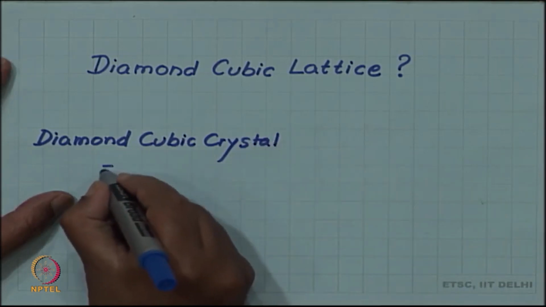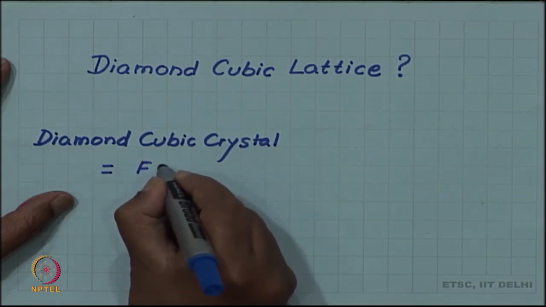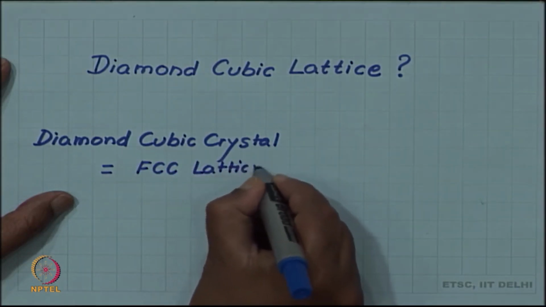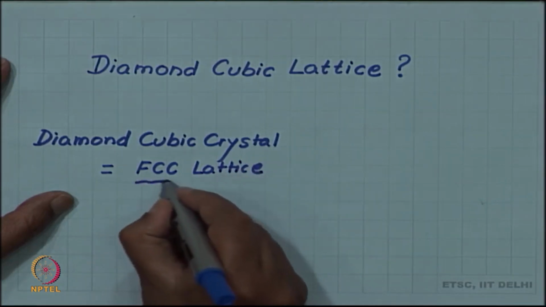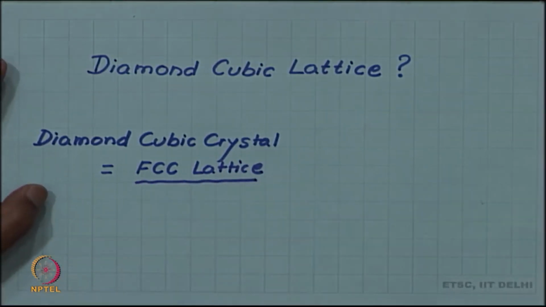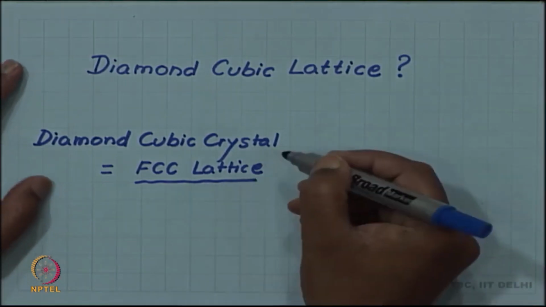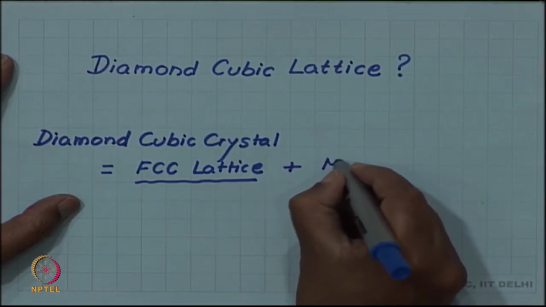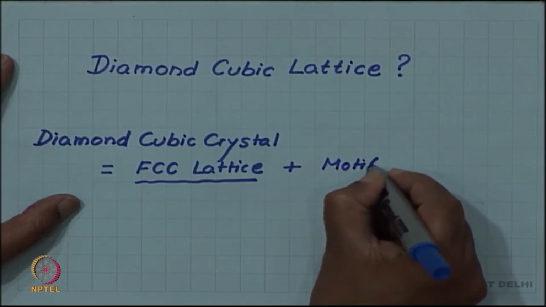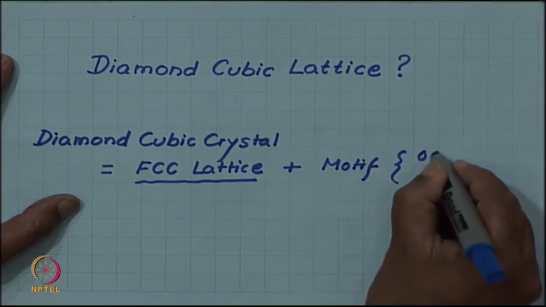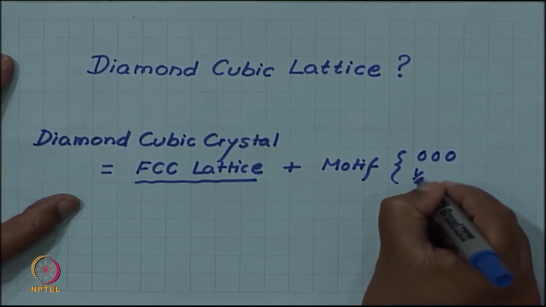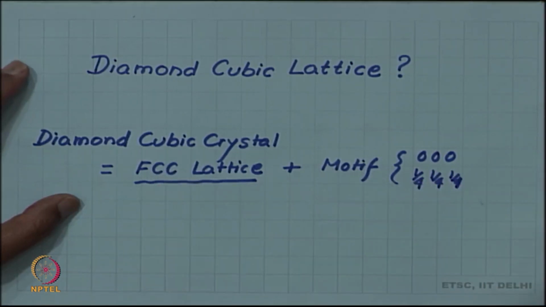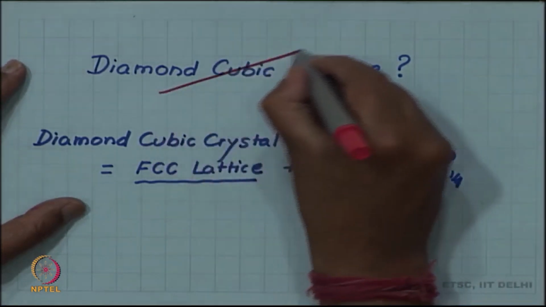And when we analyzed it, we found that the lattice was FCC lattice. So, there is no lattice called diamond cubic lattice, but diamond cubic is a crystal having FCC lattice with a motif of two atoms at 0 and 1/4, 1/4, 1/4. So, diamond cubic lattice is a wrong phrase and should not be used.